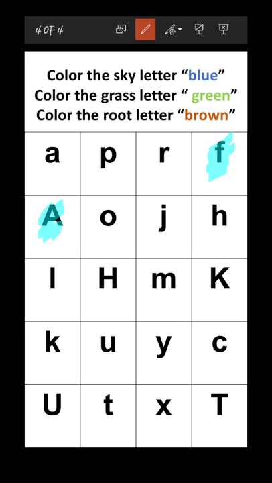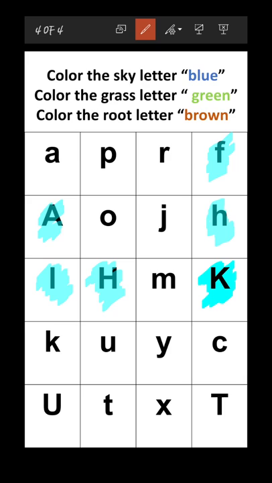Now the next sky letter is letter H. After H, the next sky letter is letter l, and capital H, because all the capital letters can come in first three lines. Next letter is letter k. This is also a sky letter.